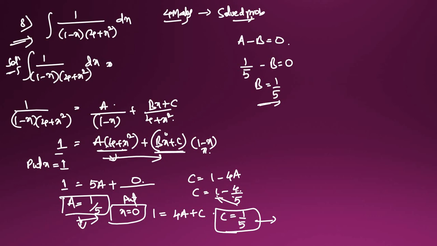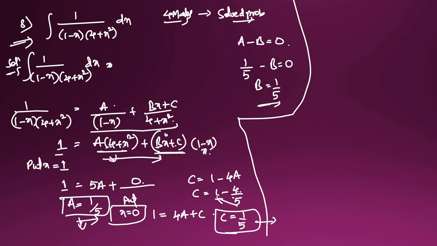So here I will substitute in this equation. It will become a is equal to 1 by 5, 1 by 5 into 1 minus x, plus b is equal to 1 by 5 x, plus c is equal to 1 by 5, divided by 4 plus x square.